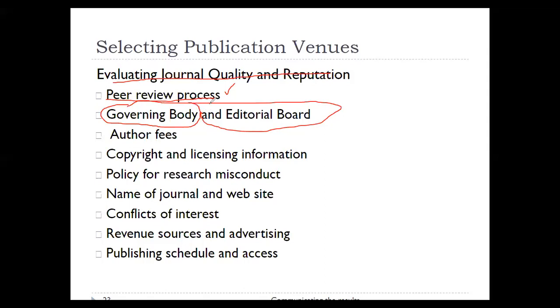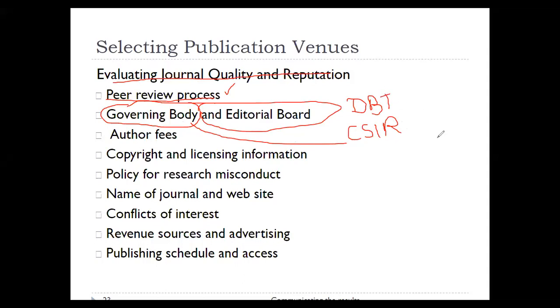Governing body, for example, the Indian Accountancy Association, or maybe the Indian Science Congress. They are publishing the journal, or whether the Council for Scientific and Industrial Research, CSIR, is publishing the research journal, or DBT, the Department of Biotechnology, is publishing the research journal.